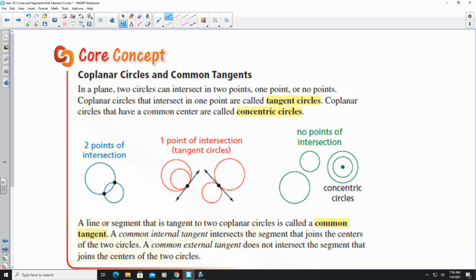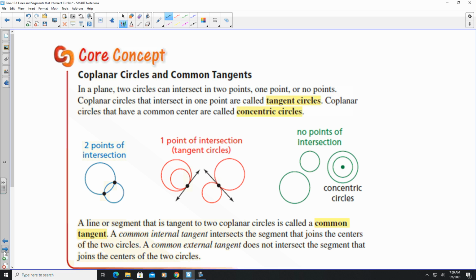Other things that we're going to look at in this section is coplanar circles and common tangencies. Coplanar, if you recall early on in the semester, was where you had things all in the same plane.